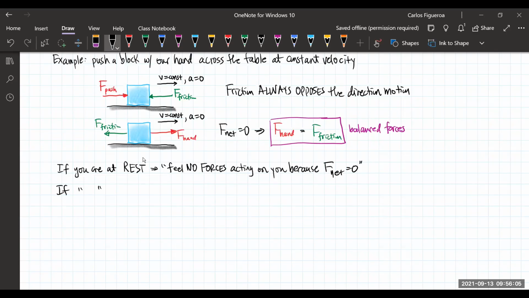If you are driving at constant velocity, guess what? You feel no forces acting on you.